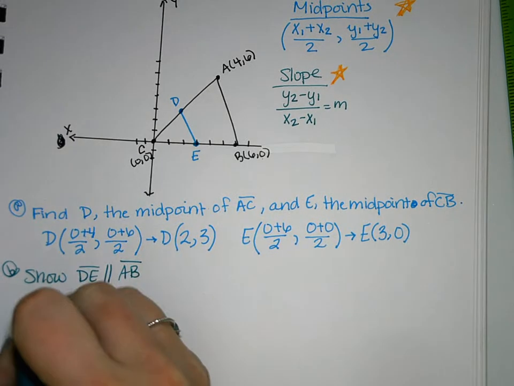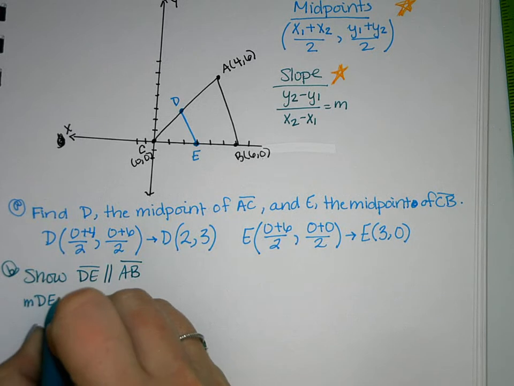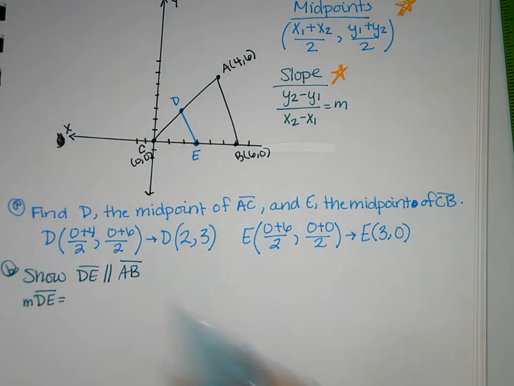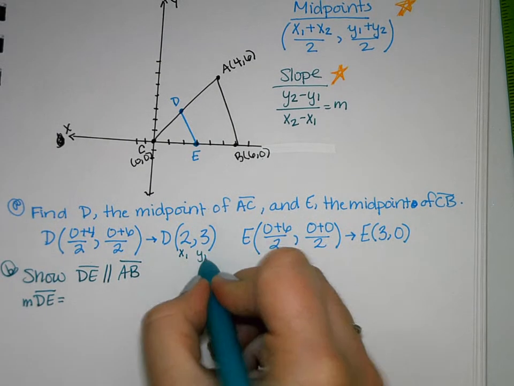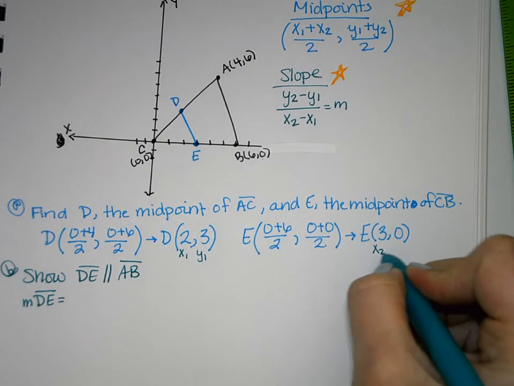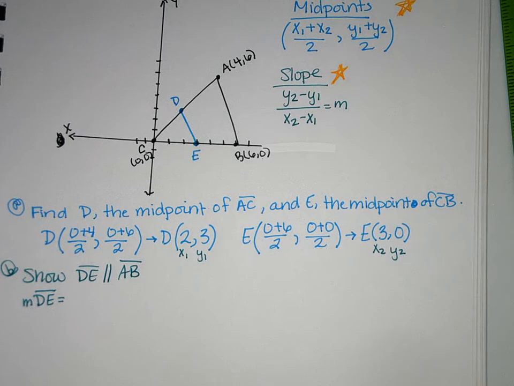So our slope of DE, I'm going to call this x1, y1, and over here I'll call this x2, y2. It does not matter which one you call 1 or 2 as long as you're consistent.